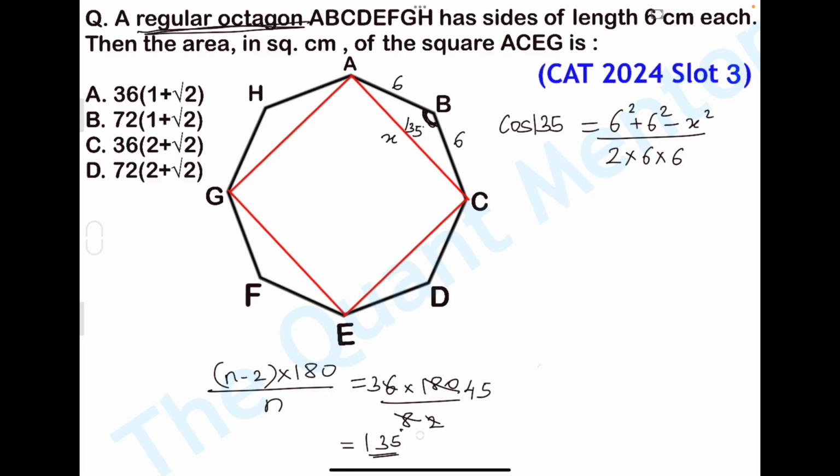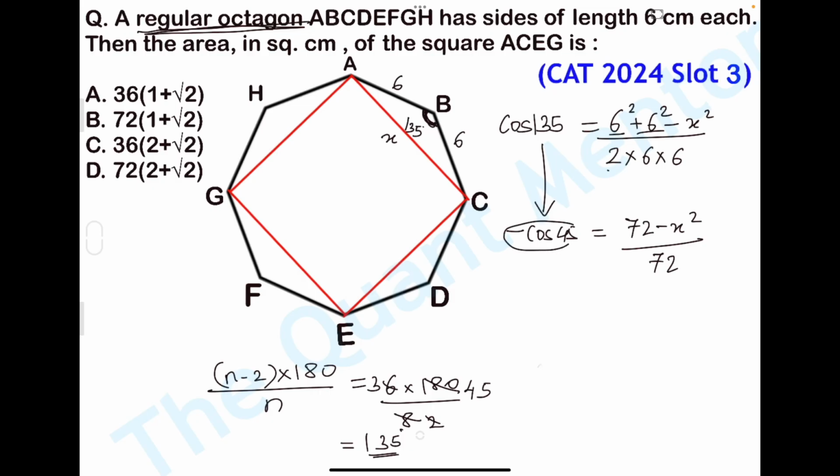Now using trigonometry, we can find cos 135 as cos of 180 minus 45, or minus cos 45, which will be equal to 6 square plus 6 square, 36 plus 36, 72, minus x square divided by 2 into 6 into 6, again 72.